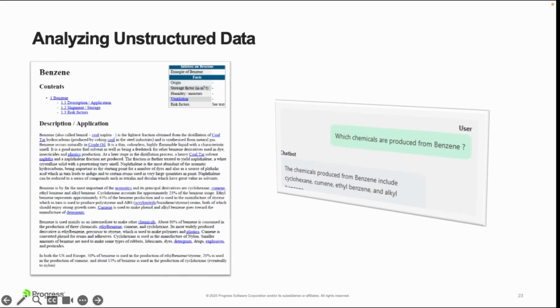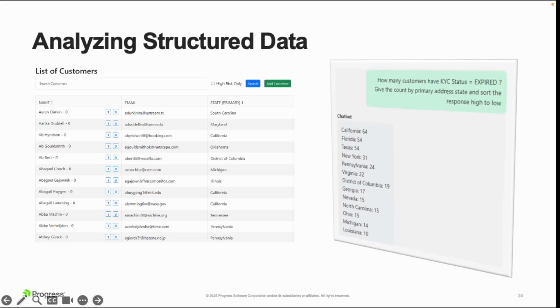So this is a couple of example screenshots analyzing unstructured data. In the chat text, you ask a question, and this is an agent which interacts with unstructured data. This is structured data. The question is more like an aggregate query, and it gives a report style of information back.